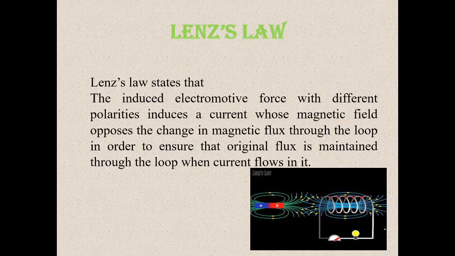In this, you can observe an image where a magnet is there and magnetic flux is produced in the coil. In this coil and this magnet, you can observe the magnetic field is opposing the change in magnetic flux. They are not in the same direction.